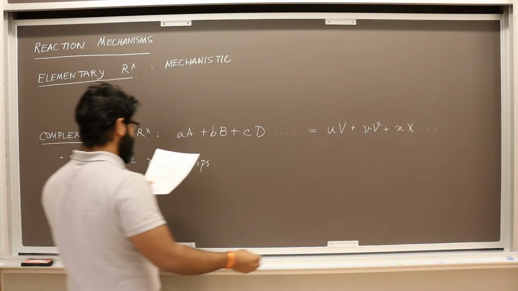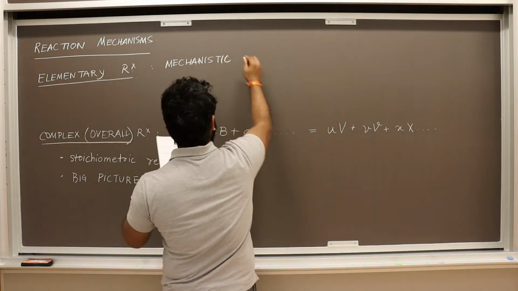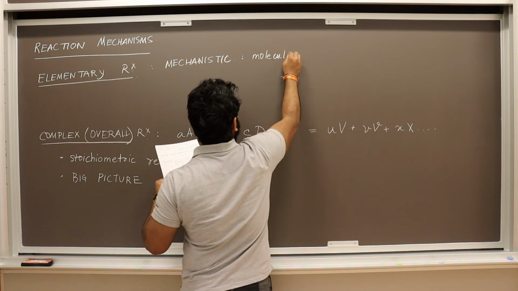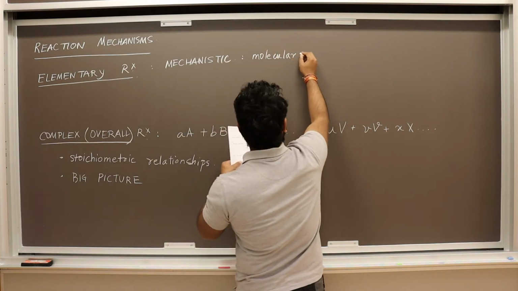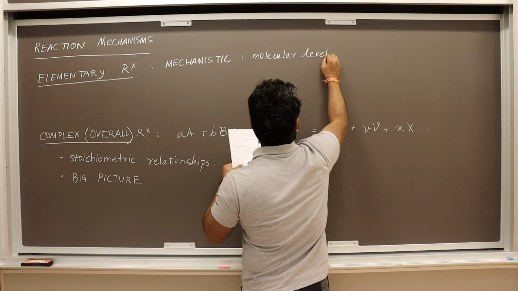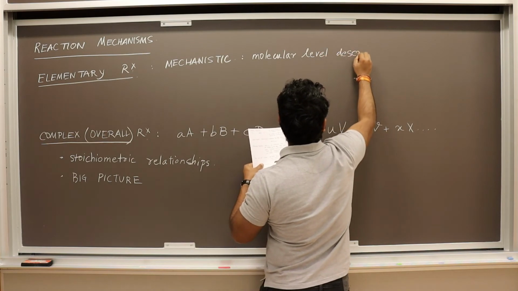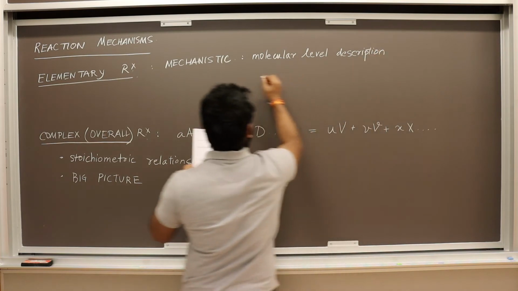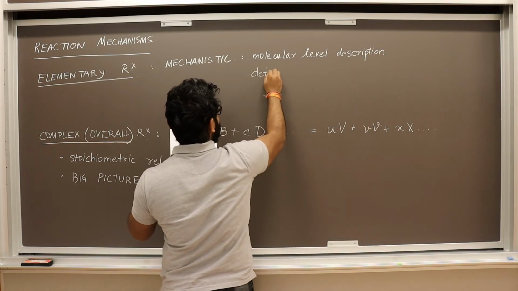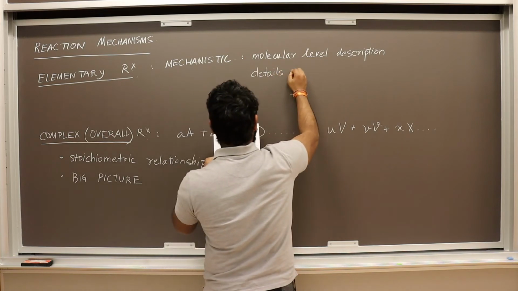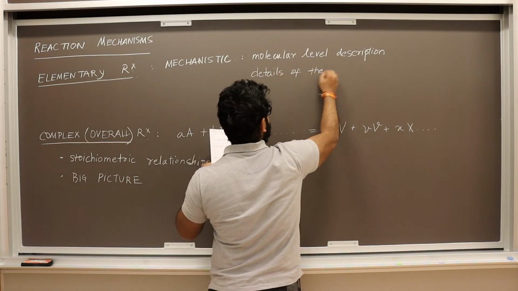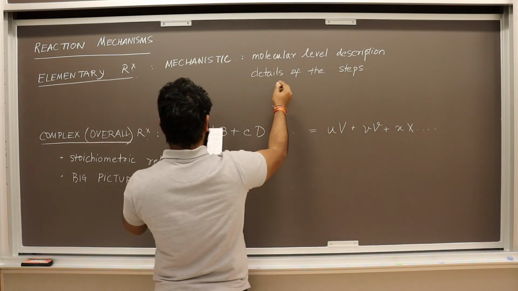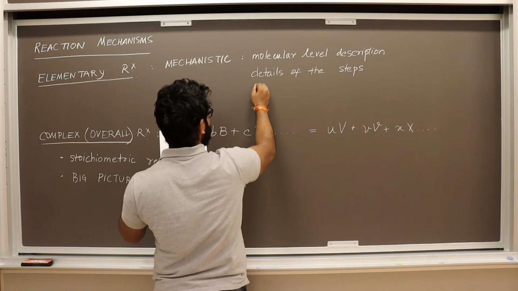And the mechanistic reaction basically gives you the molecular level description of the reactions. It gives you the details of the steps, and it will tell you about all the intermediates.